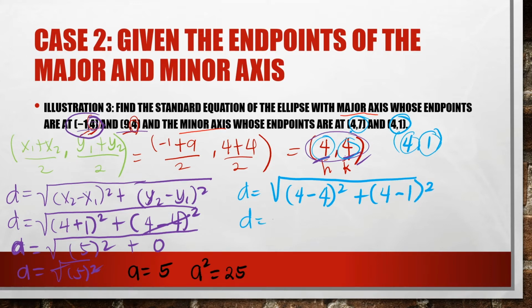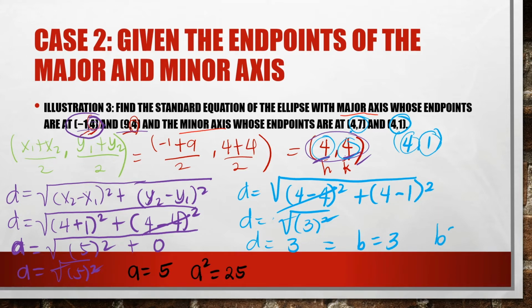So, d is equal to, so ito, maka-cancel out na to. So, square root of 4 minus 1 is 3 squared. So, d is equal to 3. So, ito yung b, yung semi-minor axis, 3.